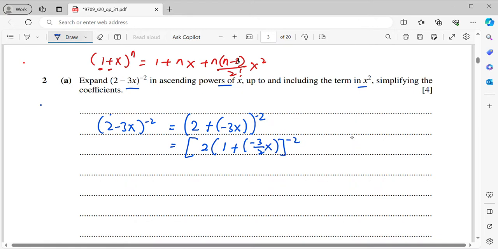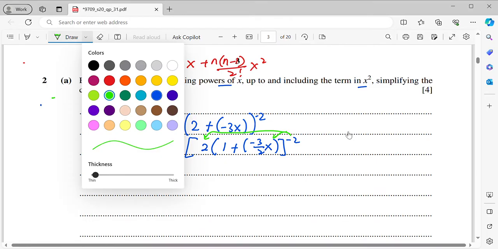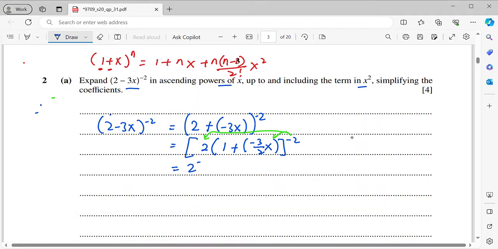The next step is to consider the degree of negative 2, so it will be 2 to the power of negative 2, then (1 plus negative 3 over 2 x), the whole term with degree negative 2. So 2 to the power of negative 2 is 1 over 4. And now we can just use the formula, 1 plus x. This is 1 plus, and this is my new x.